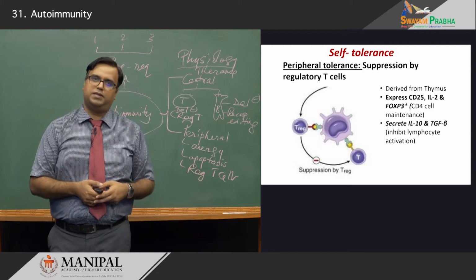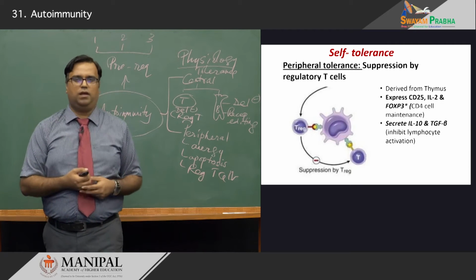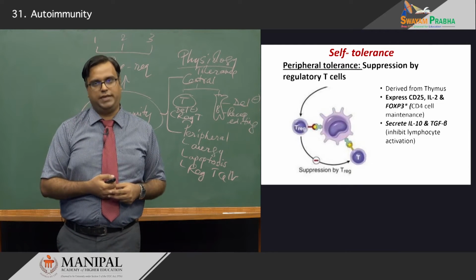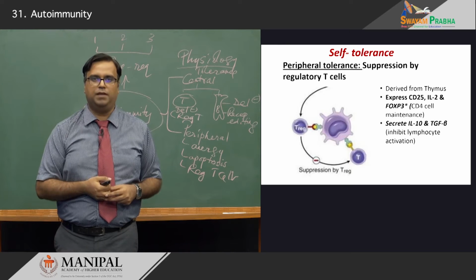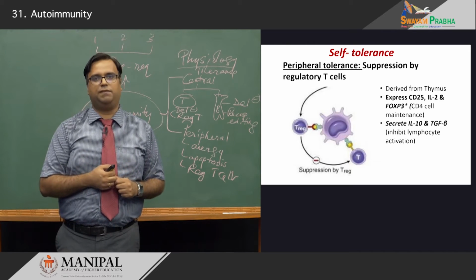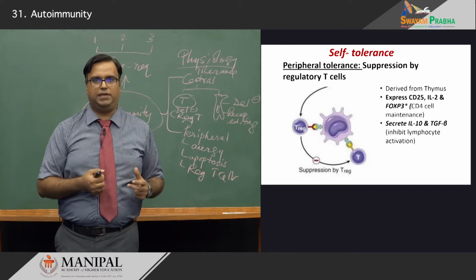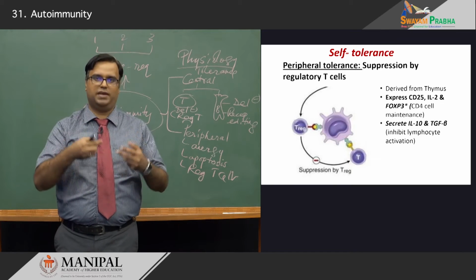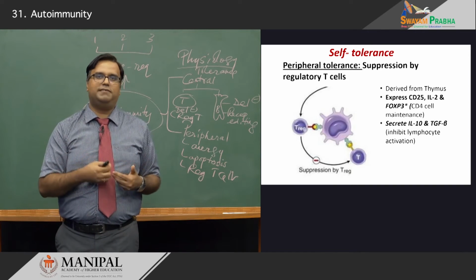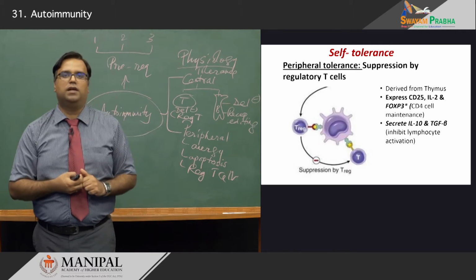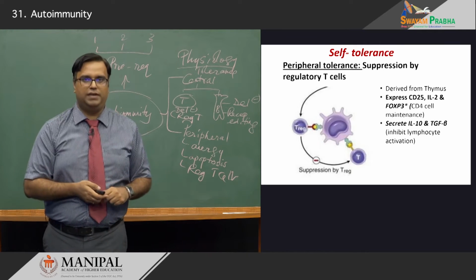Now, they also are a storehouse of multiple factors such as interleukin 10 and transforming growth factor beta, which have a profound role in inactivating lymphocyte activity. So, your lymphocyte stimulation is brought down. So, regulatory T cells also help to reduce the self-reactive pool of T lymphocytes.